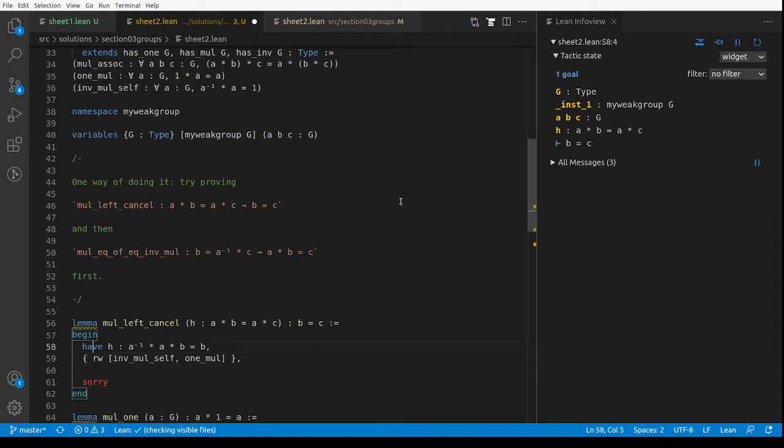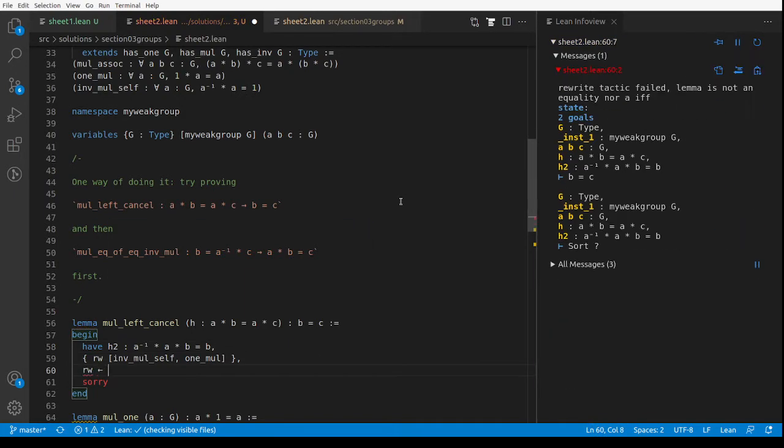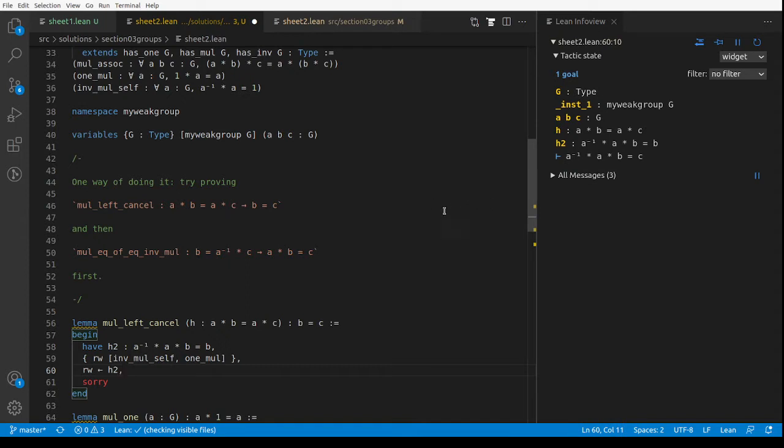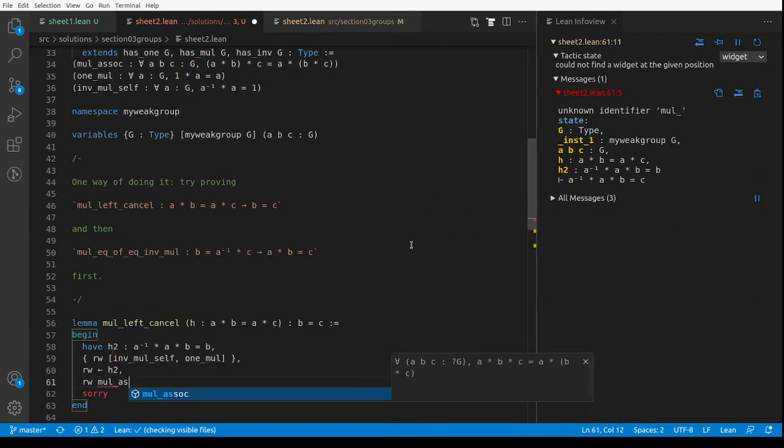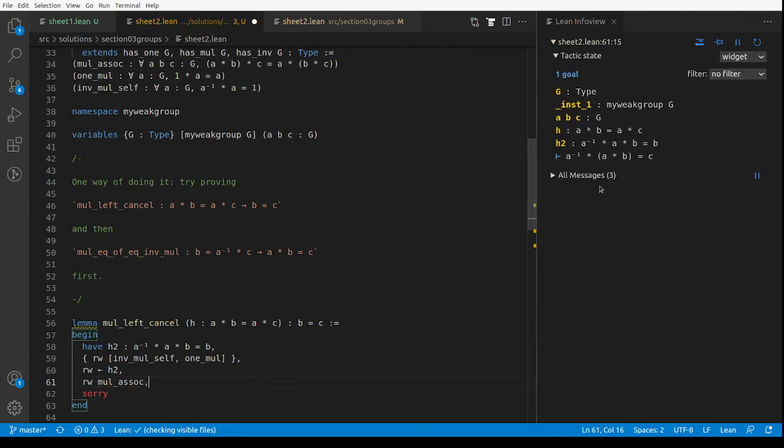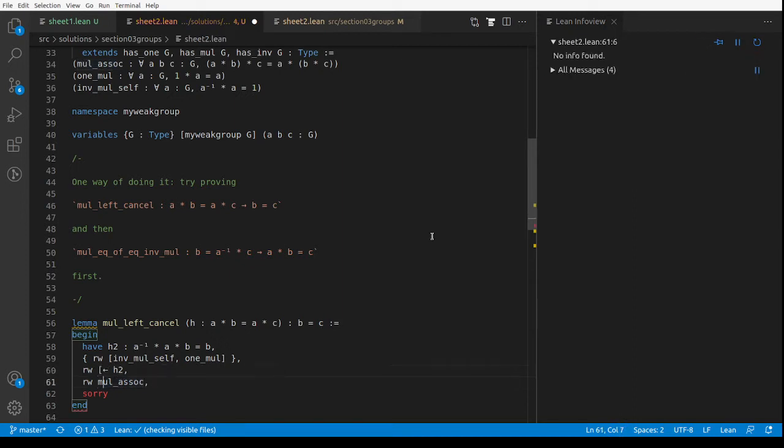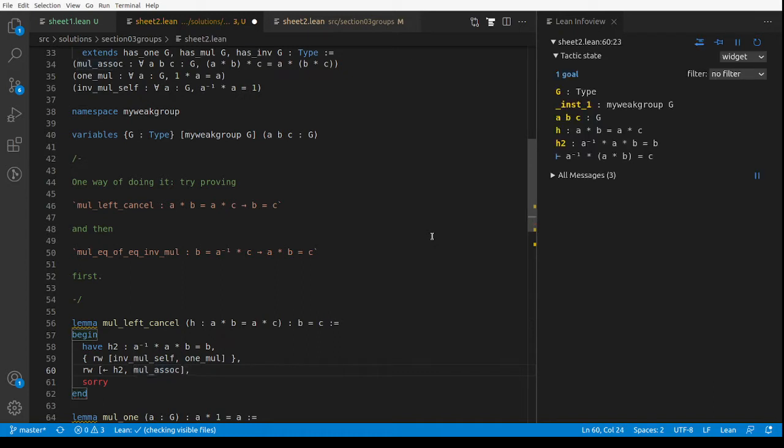Now we've got 2 hypotheses called H. That's not very clever. Let's call it H2. And now we could rewrite H2. And now the idea is to use associativity there, because now we've got an A times B, and then we can rewrite H. So maybe we can do all this in one go. Mulassoc. Let's close this bracket to see.